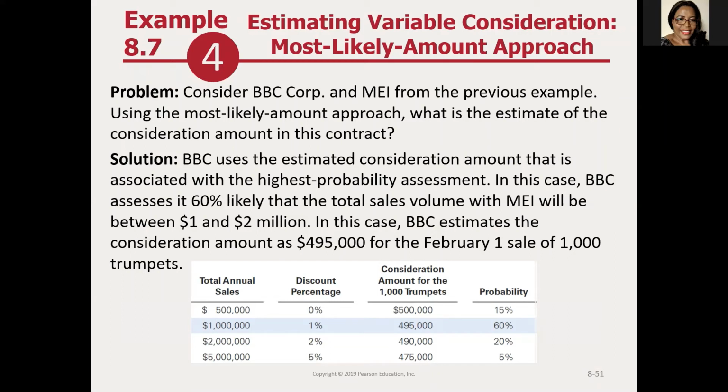In this case, BBC assesses it 60% likely that the total sales volume with MEI will be between $1 and $2 million. In this case, BBC estimates the consideration amount of $495,000 for the February 1st sale of 1,000 trumpets.